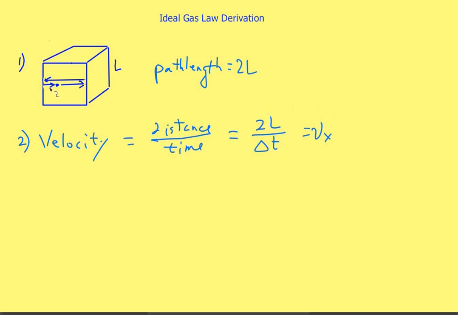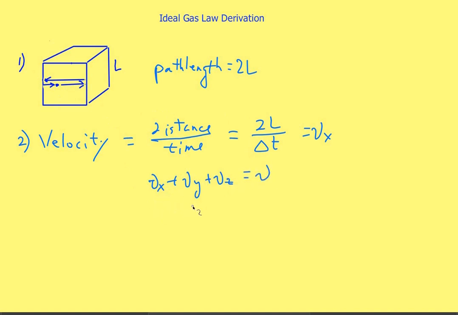Now, we can take the component of the particle that's traveling in the x direction, as opposed to having all of the particle travel in x. And we could also talk about the component in the y and z directions. And then we would have Vx plus Vy plus Vz is equal to the total velocity.